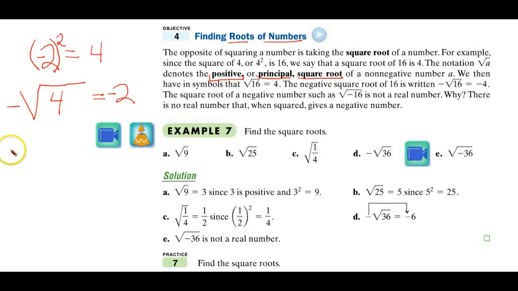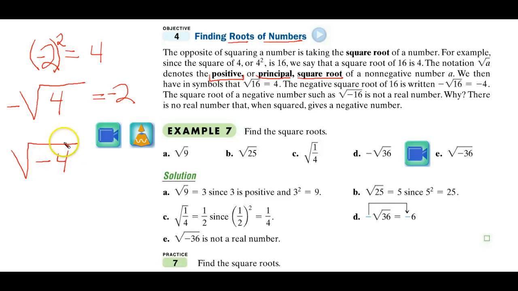Now keep in mind that if under the radical sign you have a negative 4, that's not going to give you a negative 2, because if you square a negative 2, you get a 4. There's no way to square two numbers, that is, use the same sign, and get a negative.